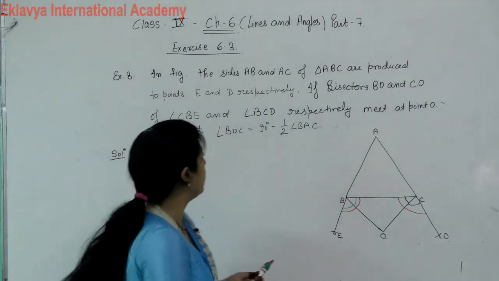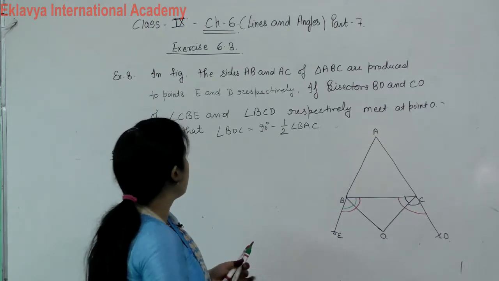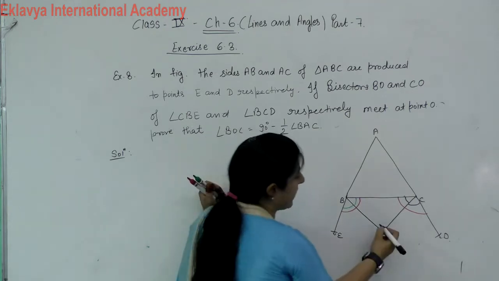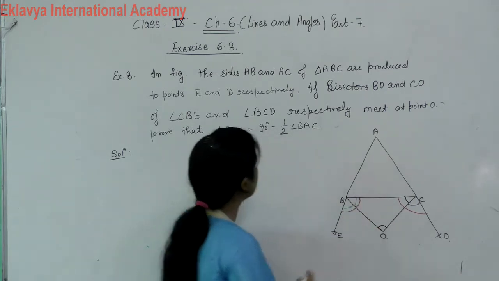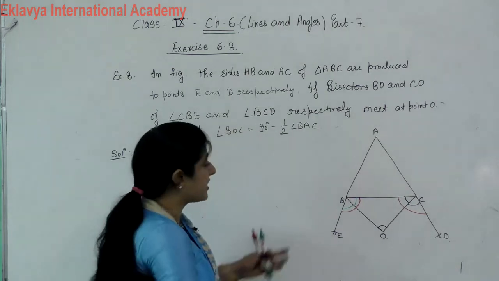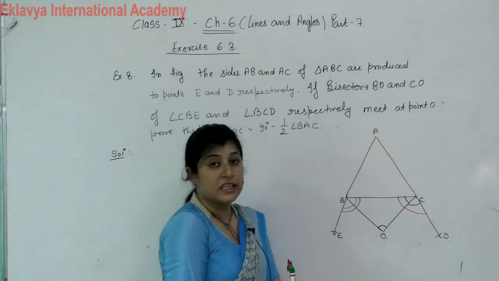In triangle ABC, the bisectors meet at point O. To prove that angle BOC is equal to 90 degrees minus half of angle BAC, firstly find out the value of this.